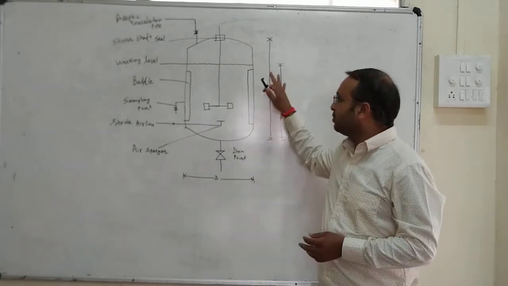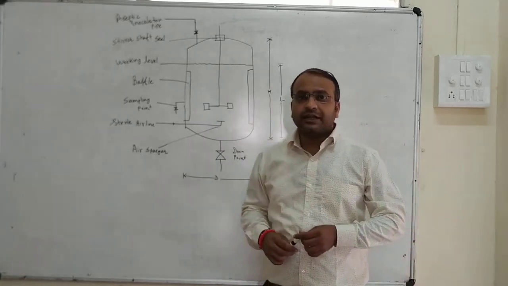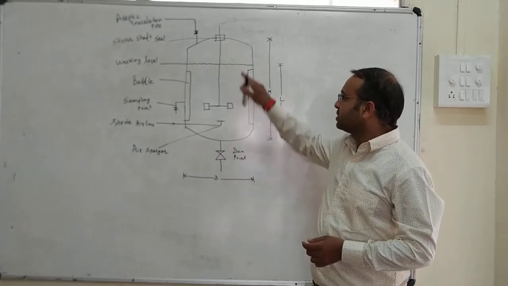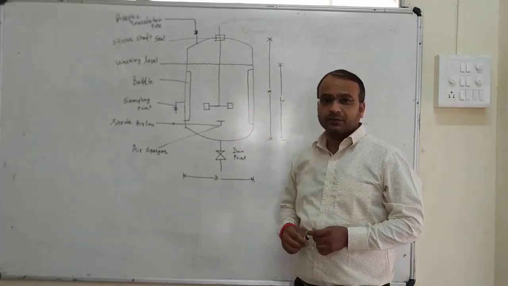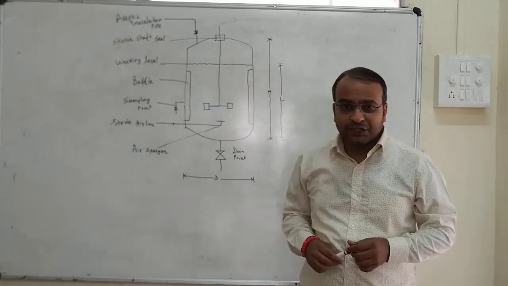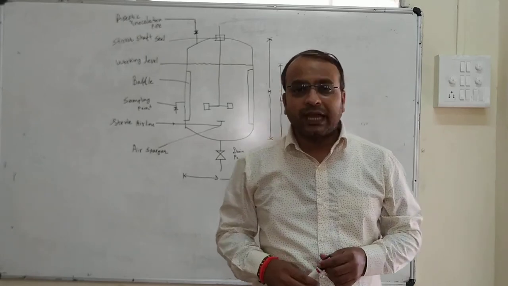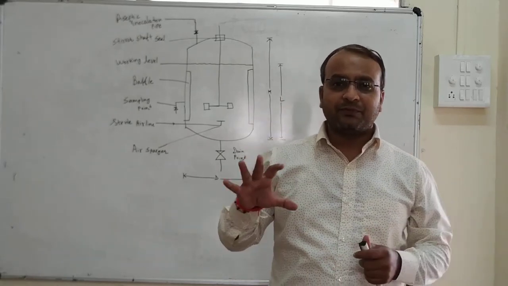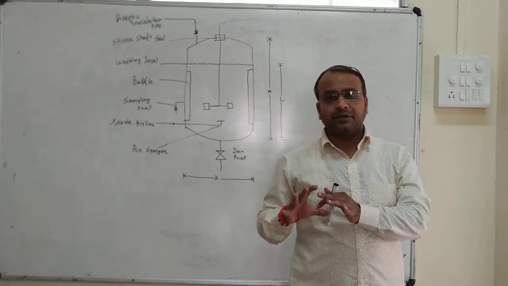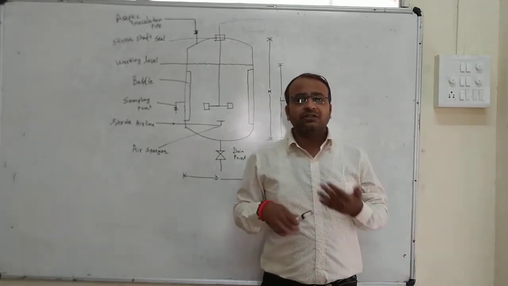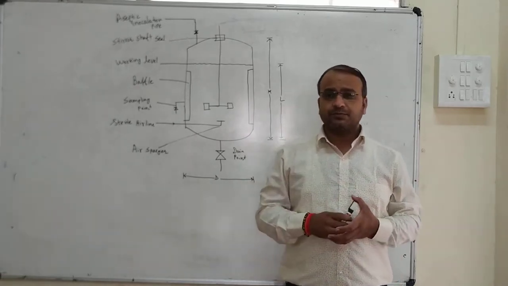So here in this diagram which is drawn on the board, this is a kind of bioreactor. As I have explained in the last lecture, bioreactor and fermenter are basically the same. Why are the terminologies different?